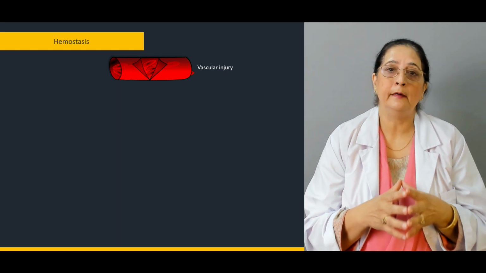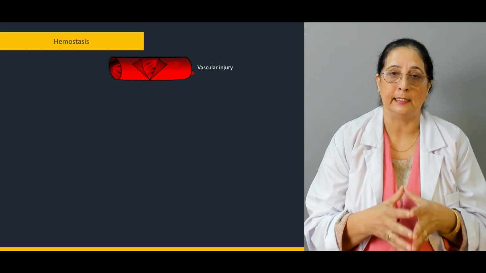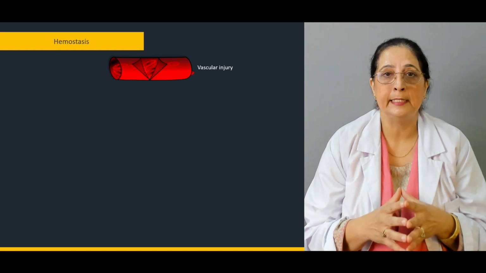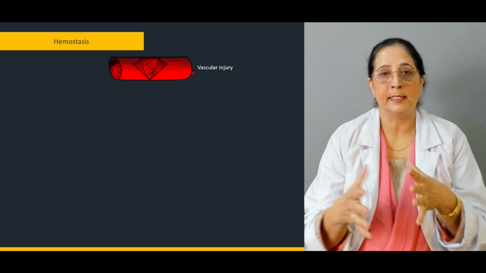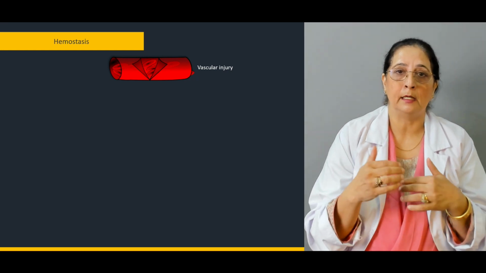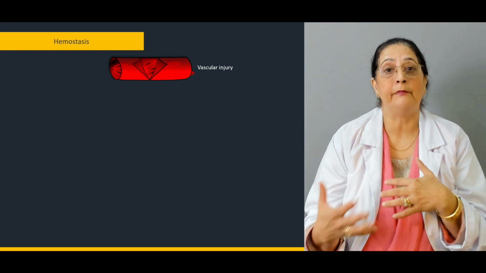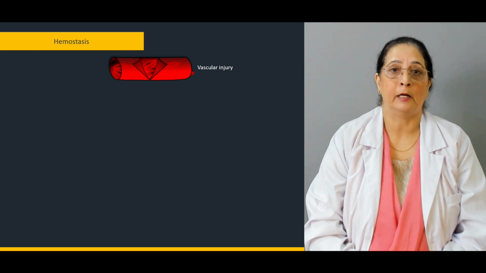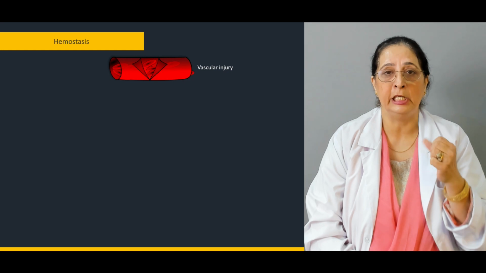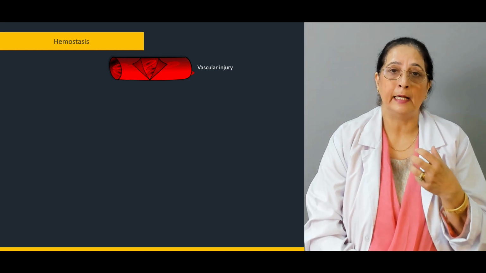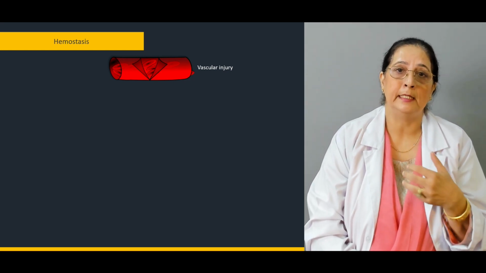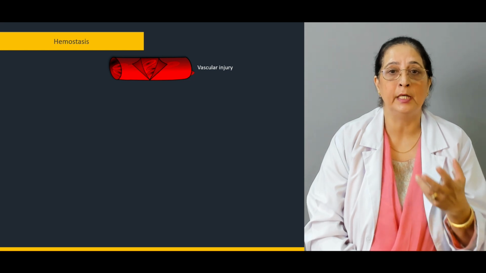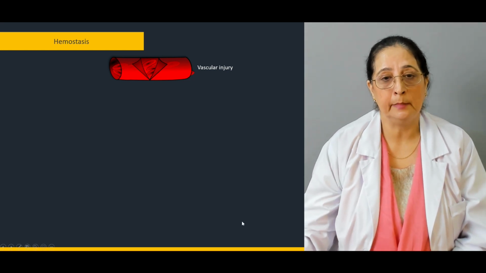Whenever there is injury to the blood vessel, there is bleeding. Depending on whether it's slight bleeding, moderate bleeding, or massive hemorrhage, the management will be different, but the first step that leads to the bleeding is the vascular injury, or injury to the blood vessel.